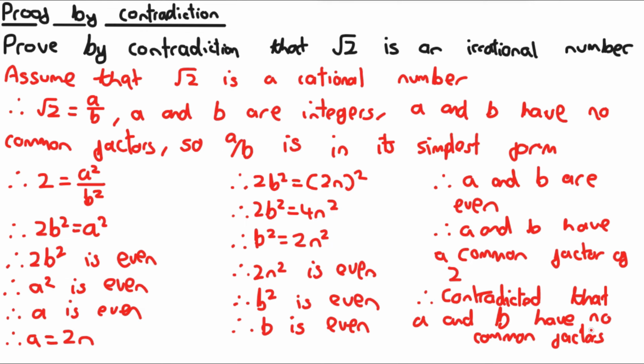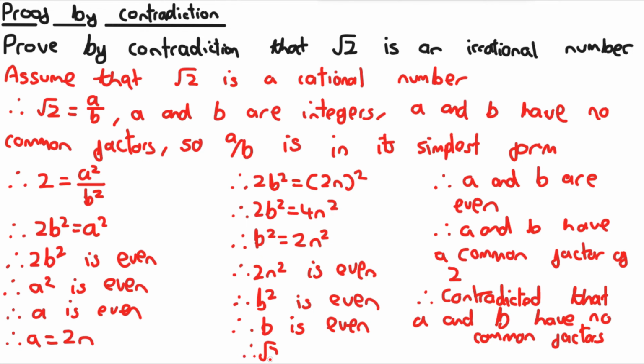And now we've actually done the difficult part of the proof, the mathsy part of the proof. We have contradicted our original assumption. We said that a and b have no common factors, but we have proved this is impossible because a and b are even, so therefore they will have a common factor of 2. So we've contradicted ourselves and we've done the question, and now we just need to write the statement at the end.